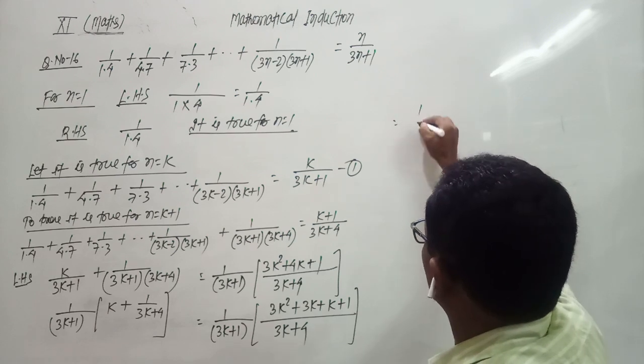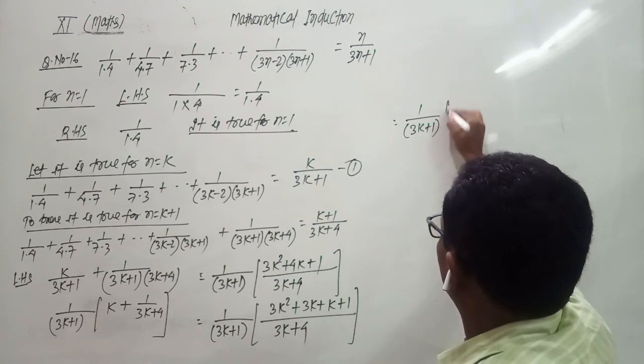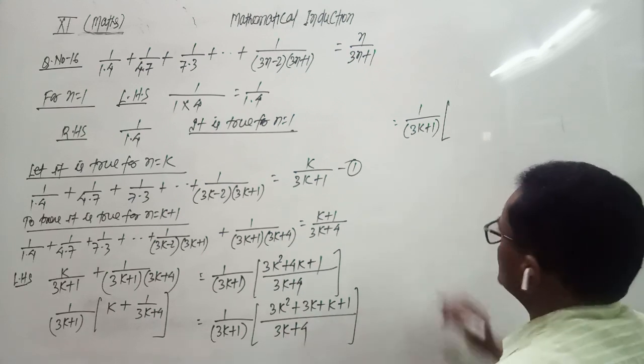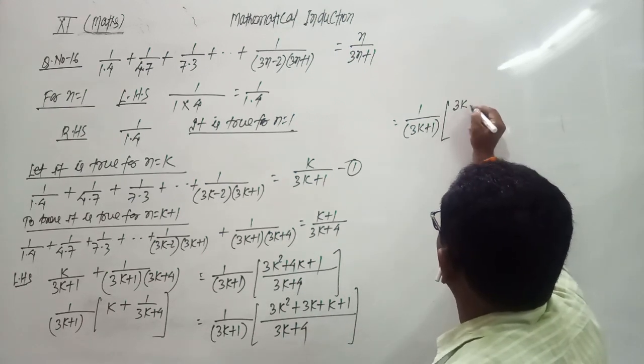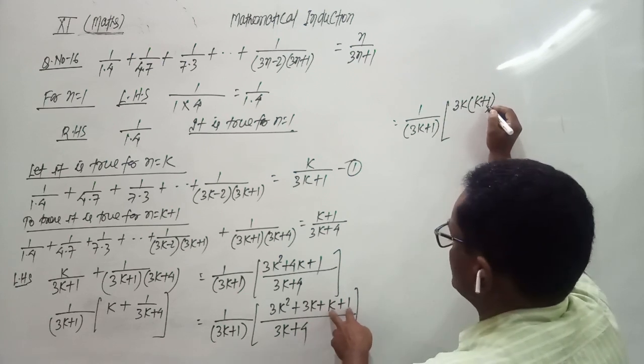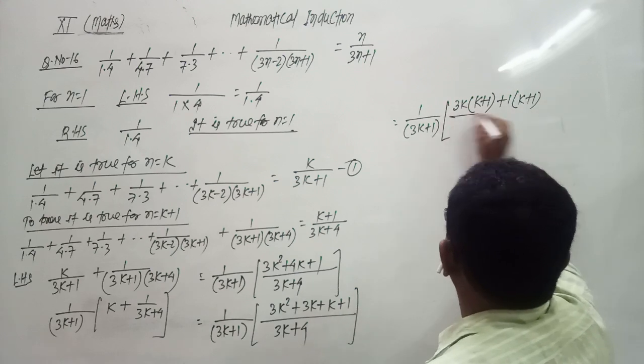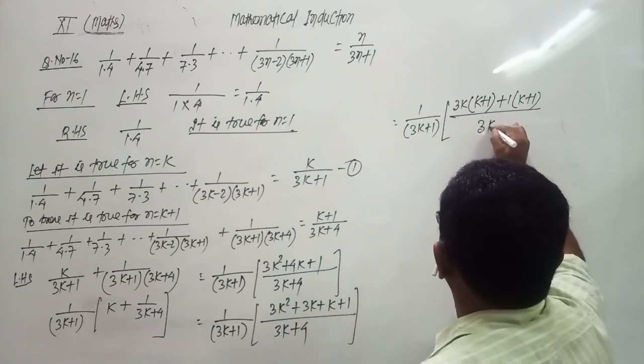So 1 upon 3k plus 1, and from these two terms 3k is taken common. So k plus 1, and from these two terms also 1 is common, k plus 1 upon 3k plus 4.